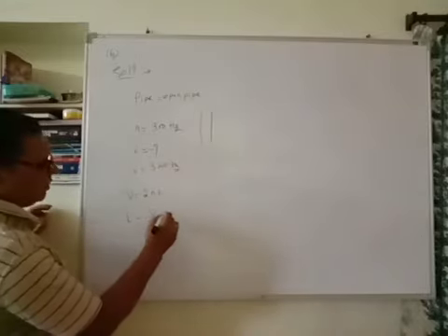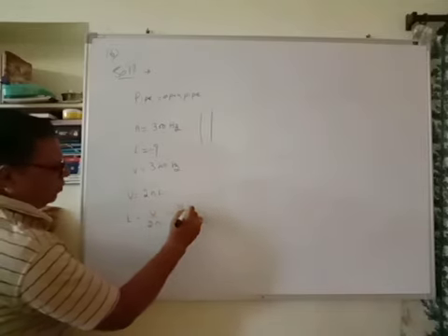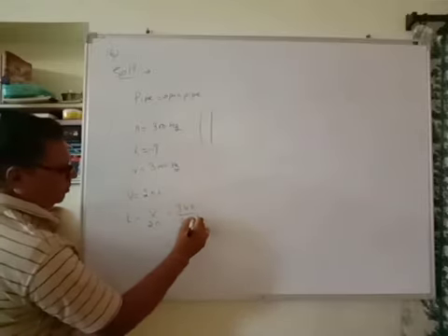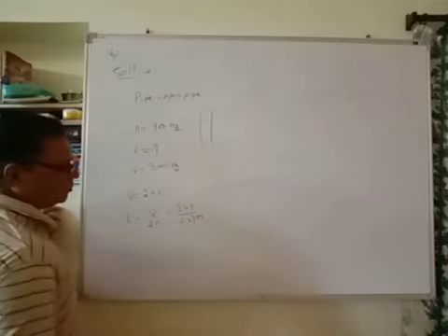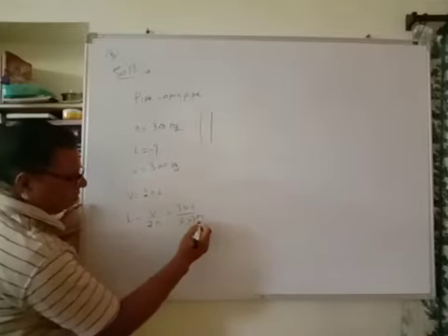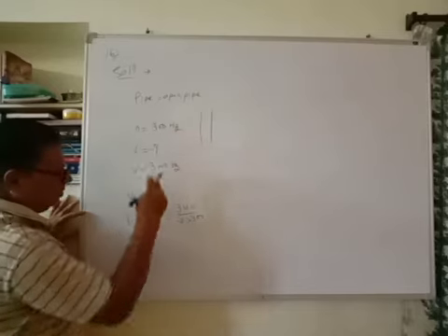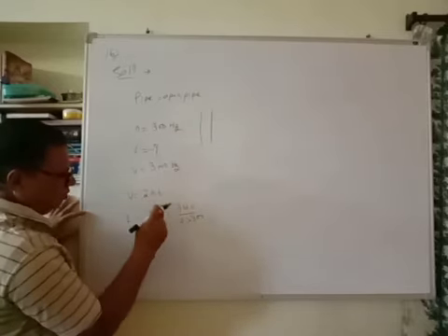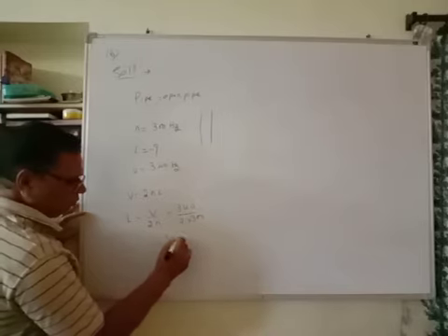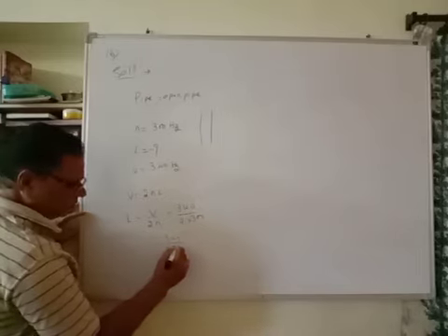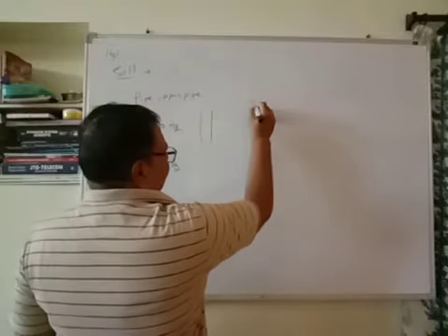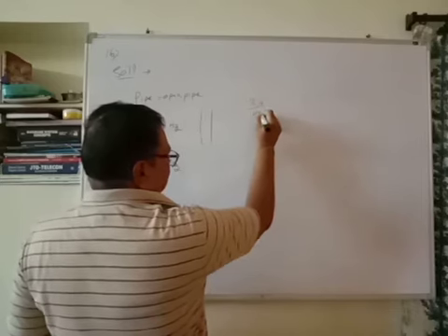He has given V, 340 divided by 2 times N, where N is 300. So L is V upon 2N, or 340 divided by 600, or 34 divided by 60.